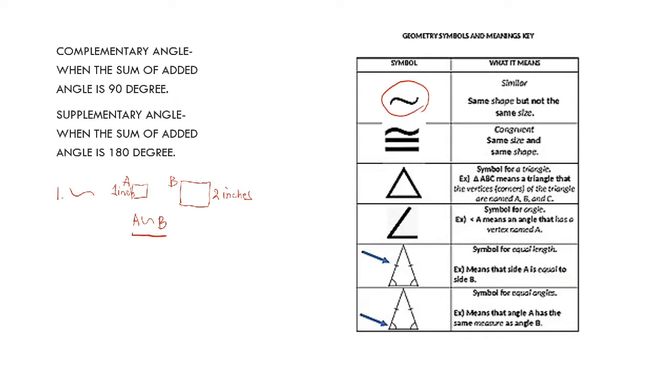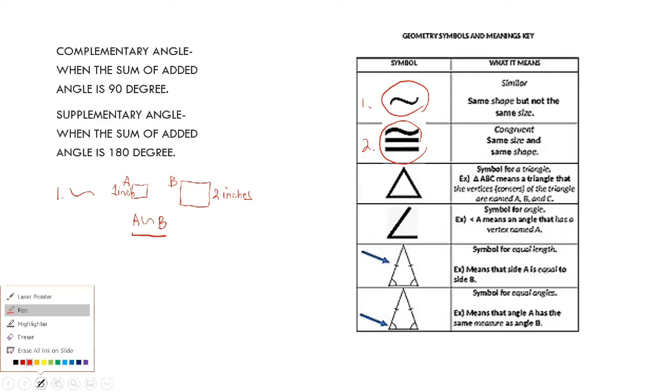Next symbol that we have, the number 2 symbol, means congruent. When we say congruent, it is the same size and same shape. It has something in common with our first symbol, the similar.